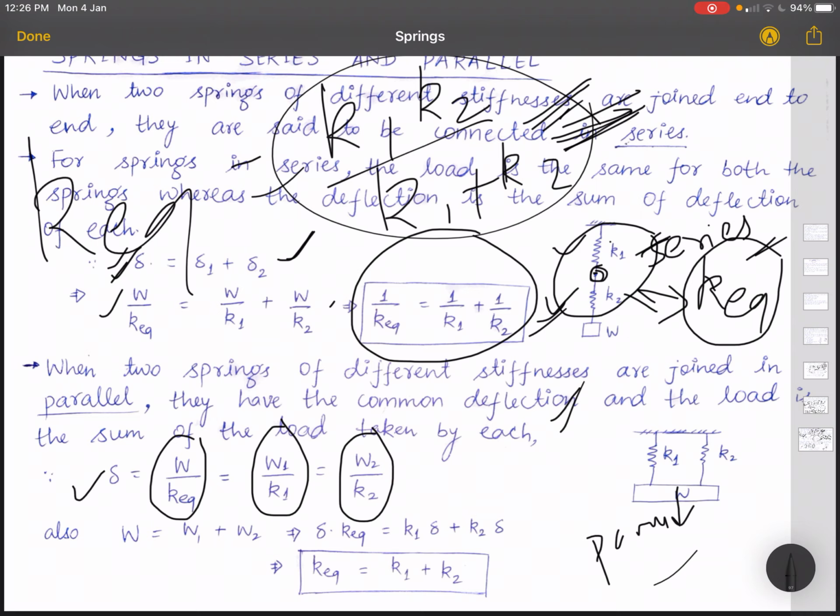But total W will be the sum of W1 plus W2, the load taken by this spring plus the load taken by this spring. So you can replace W1 and W2. W1 will be K1 into delta, W2 will be K2 into delta. Delta will get cancelled out and you will get the simple sum of these two stiffnesses.